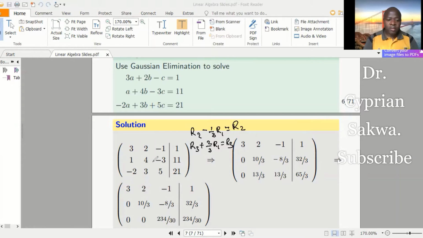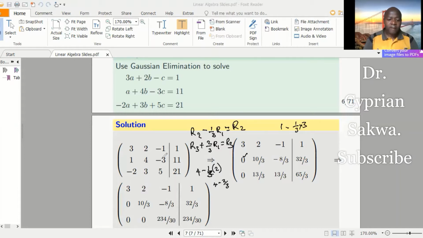Let's just do it for row 2. 1 minus a third of 3 gives me 0. And then 4 minus a third of 2, this is like 2 over 3, so it is 4 minus 2 over 3, and that gave me 10 over 3.